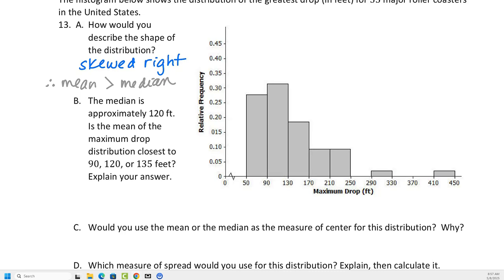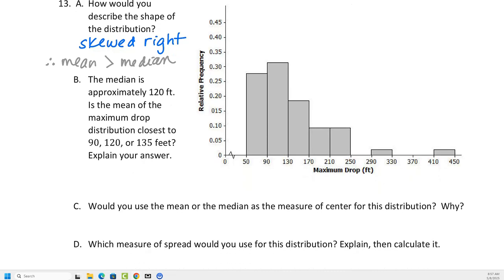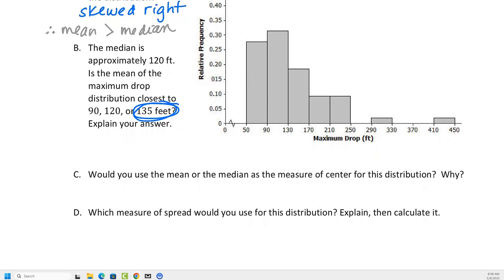Is the mean of the maximum drop distribution closest to 90, 120, or 135? Explain your answer. So what would you guys say? Well, we know the mean has to be greater than the median, so we have to get a number that's bigger than 120. Is there a number that's bigger than 120? Yeah, it'd be 135, right? How would I explain that?